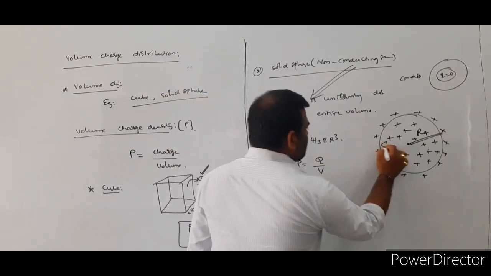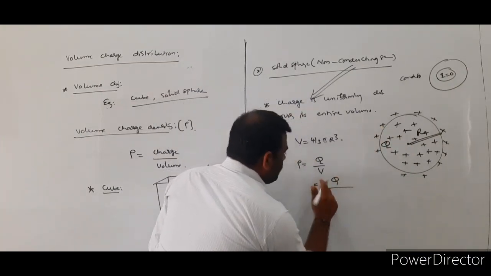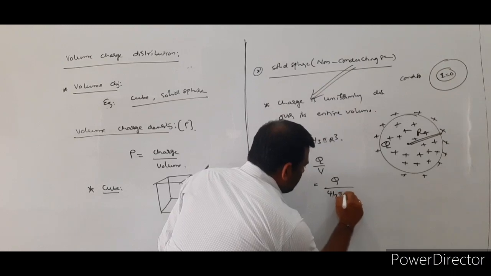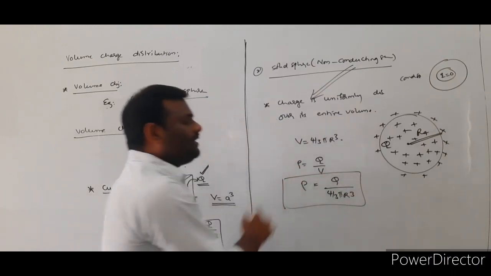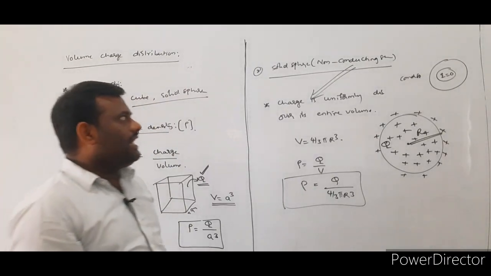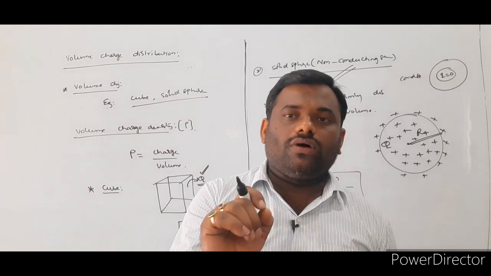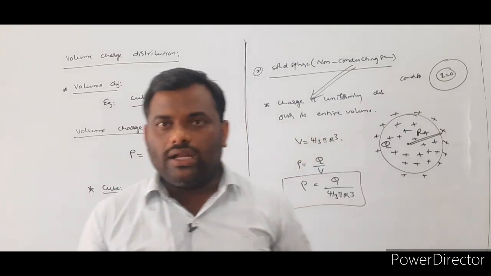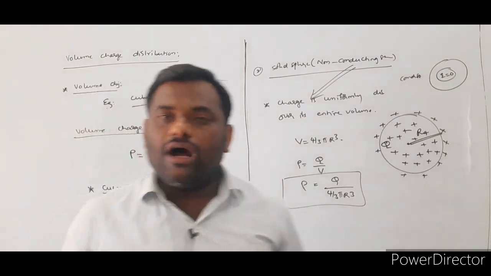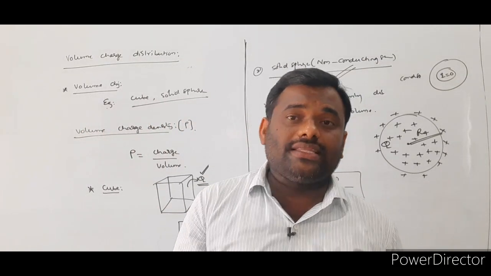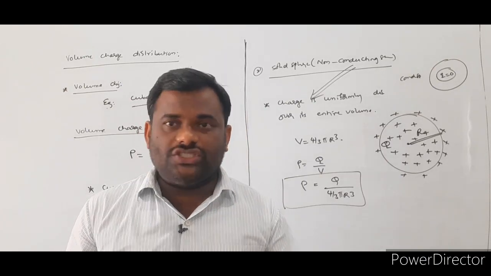If Q is the charge given to the non-conducting sphere, rho is equal to Q by 4/3 pi r cube. Like this, we have to define volume charge density for different volume objects. So this is the entire charge distribution. How many types are there? Three different types: linear, surface and volume charge distribution.